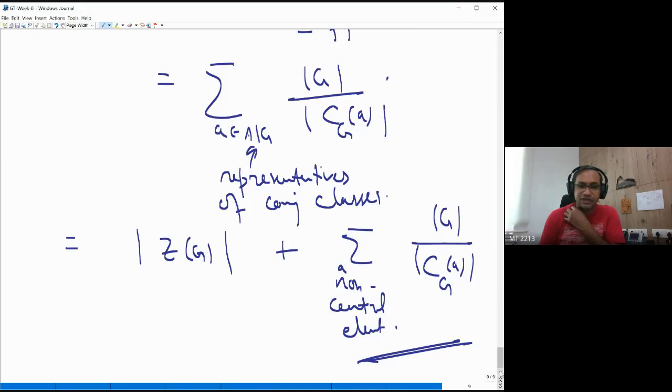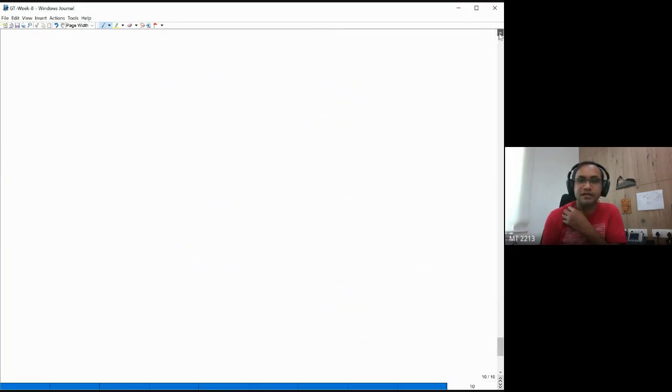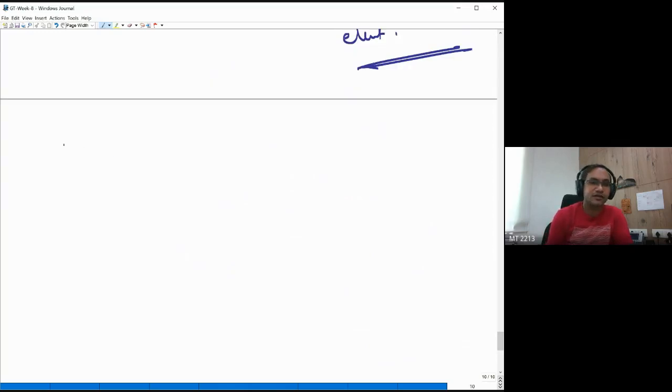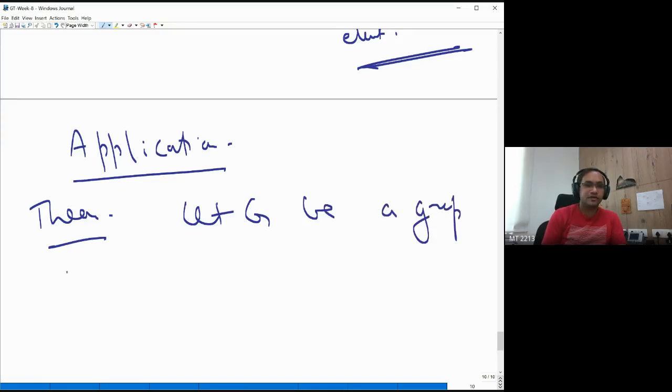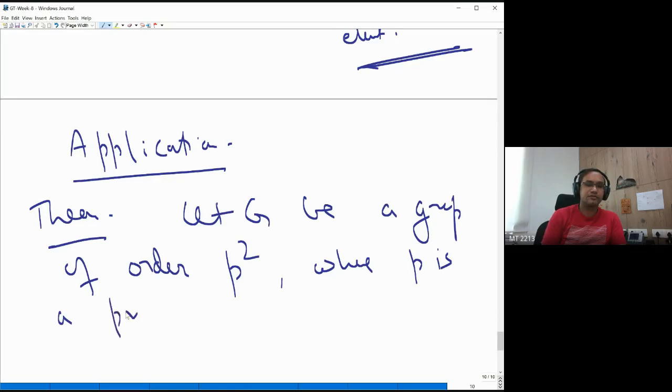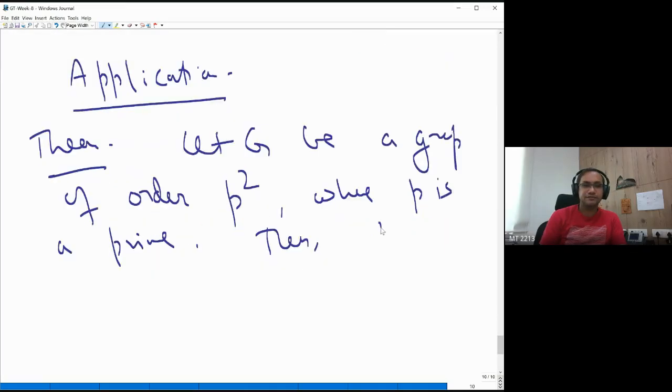Let's apply this class equation and prove the theorem which I had written last time as an application. There are many applications, but one application we will prove right away. The theorem is: let G be a group of order p square, where p is a prime, then G is abelian.